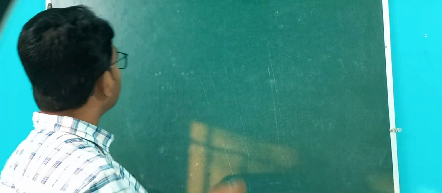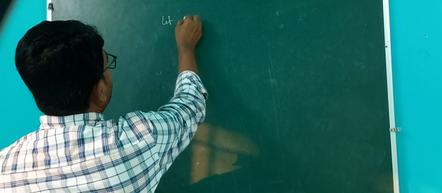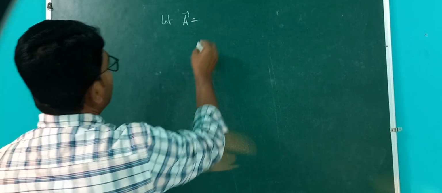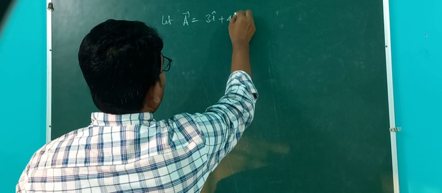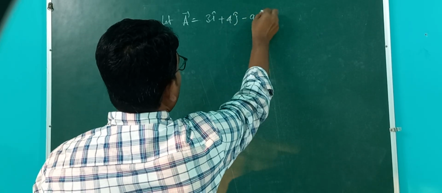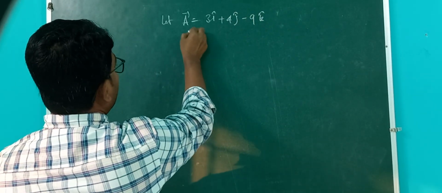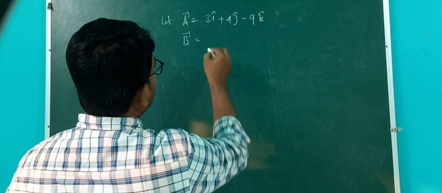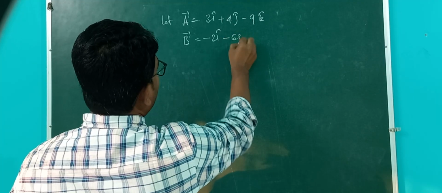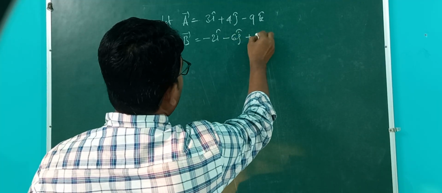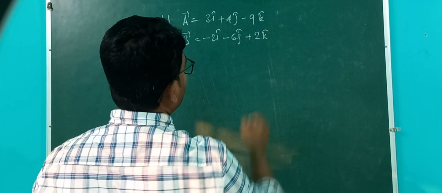Another example. Let A vector equal 3i plus 4j minus 9k, and B vector equal minus 2i minus 6j plus 2k.